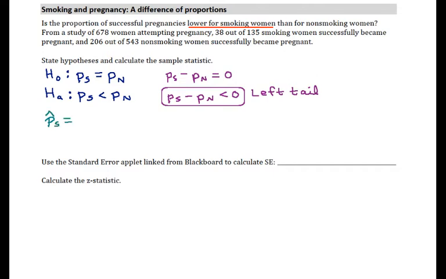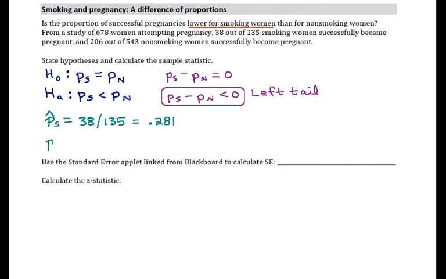So getting to our sample statistic, let's calculate each of these individually. My estimate for the proportion of successful pregnancies among smoking women comes from our data, and that is 38 out of 135, which comes out to be 0.281.